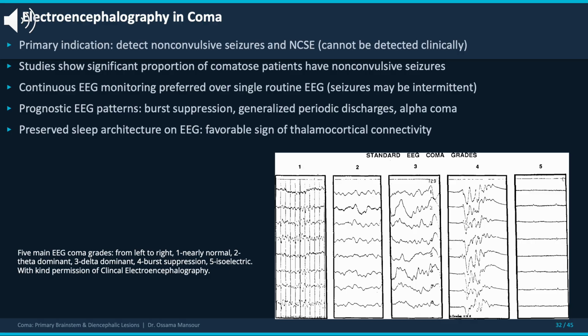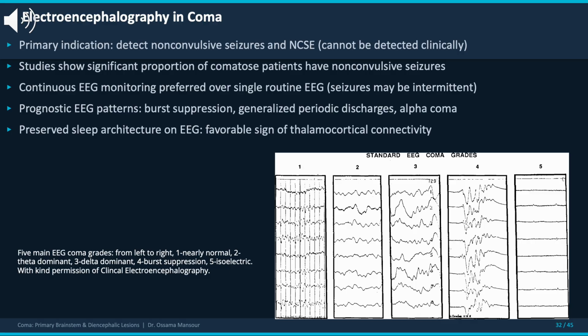Beyond seizure detection, EEG provides valuable information about the overall level of brain function and can help with prognostication. Certain EEG patterns, such as burst suppression, generalized periodic discharges, and alpha coma, have specific prognostic implications.